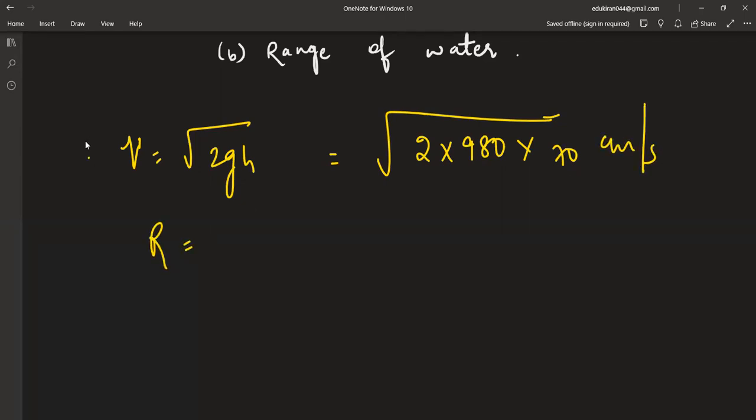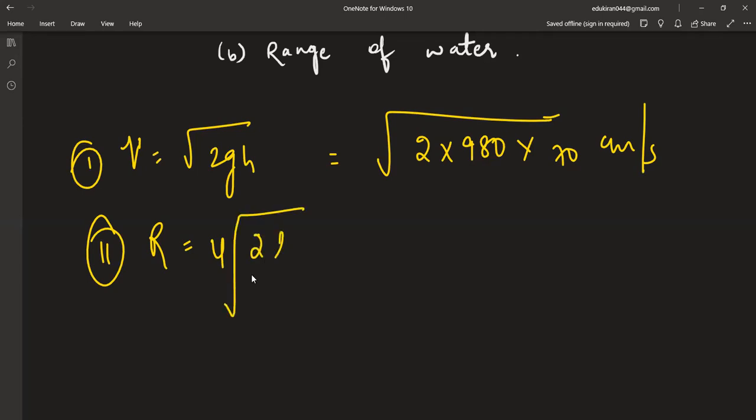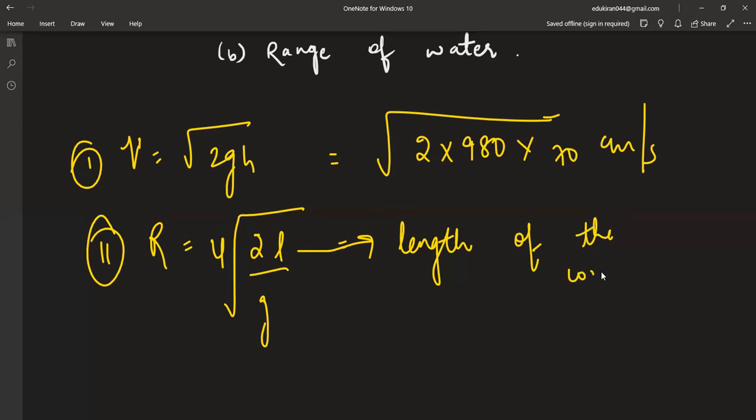This is the first part, this is the second part. Range of motion is from projectile motion, so it is U under root 2L by g. This is the general formula from projectile motion. Just remember that L is the length of the container.